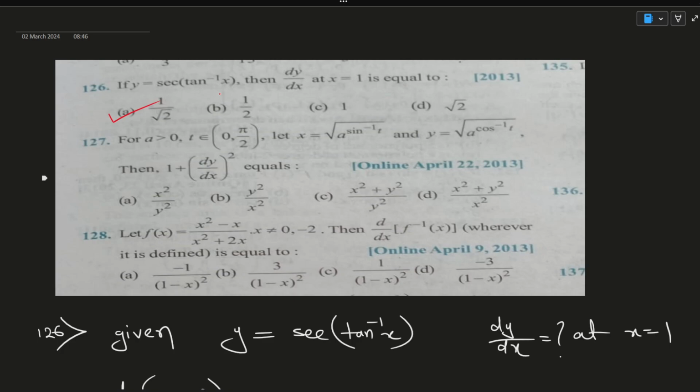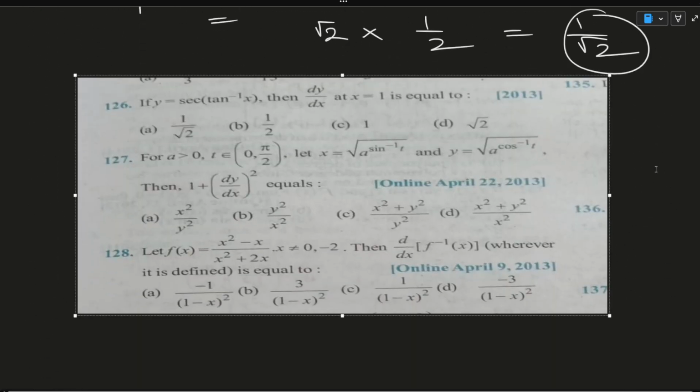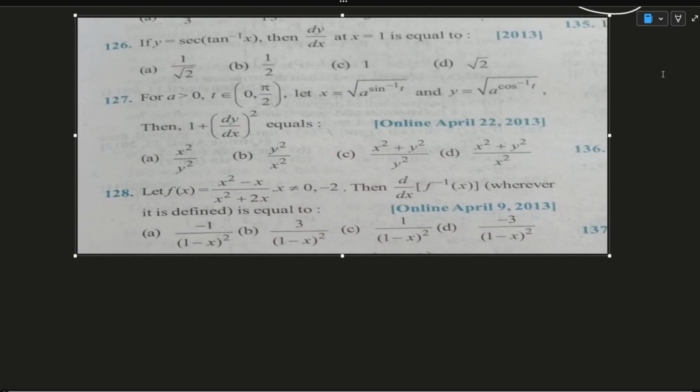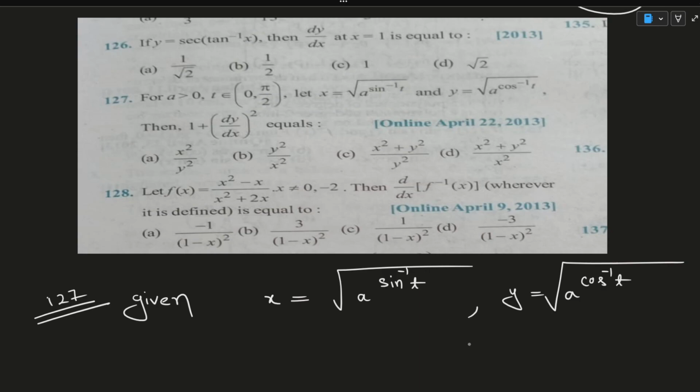So here x is given as sine inverse t, and y is given as a to the power of root over cos inverse t.